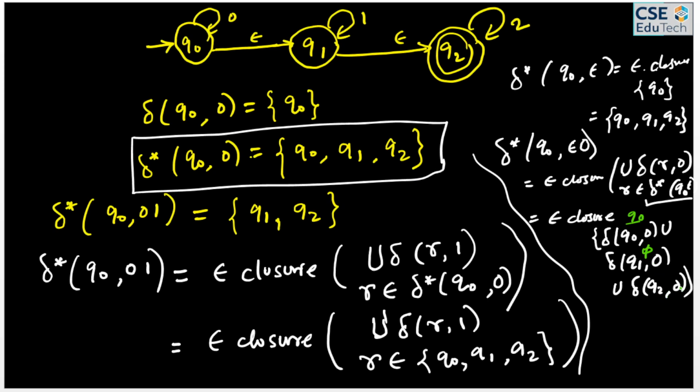From Q2 after reading 0, it will also give null. So basically we obtain the epsilon closure of Q naught, and the outcome will be Q naught, Q1 and Q2. In this way we can calculate the epsilon closure of any state.